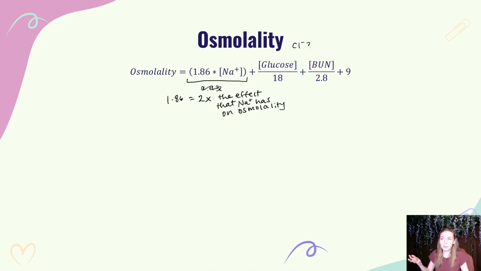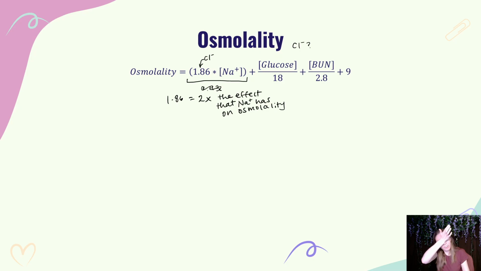The only thing you need to know here is that the 1.86 is present because it is how we compensate for chloride not being included in the formula. We're basically doubling the effect that sodium has on the osmolality, because we're assuming that chloride has an equivalent effect to the sodium. It's not exactly 2, because sodium doesn't have exactly a number one effect.